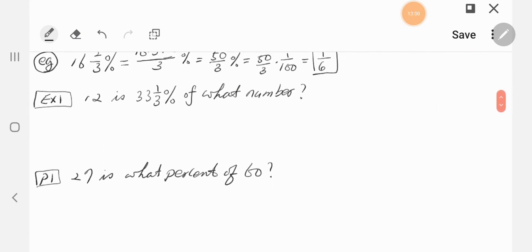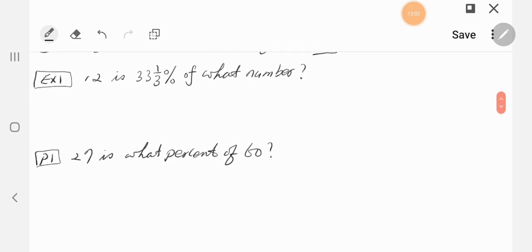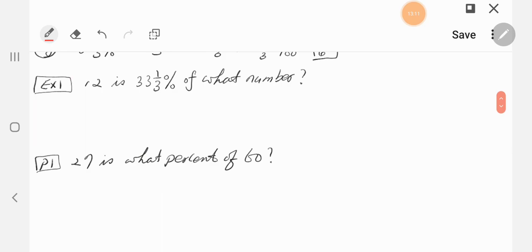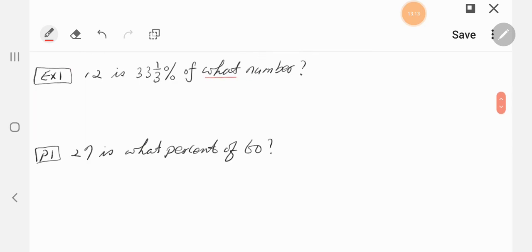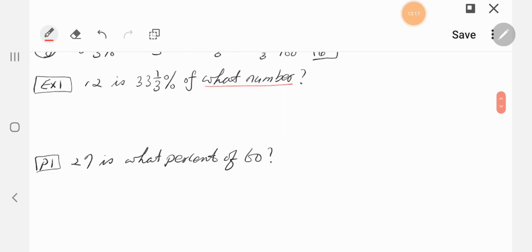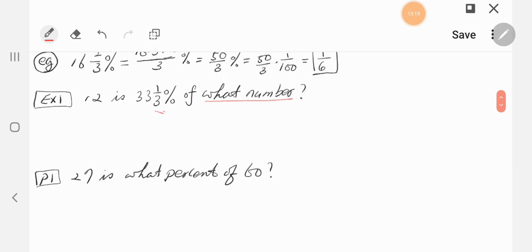All right, so based on this information, let's find the answer to example 1. 12 is 33 and 1/3% of what number? So 33 and 1/3% is the percent, and this is the base, and this will be the amount, right?